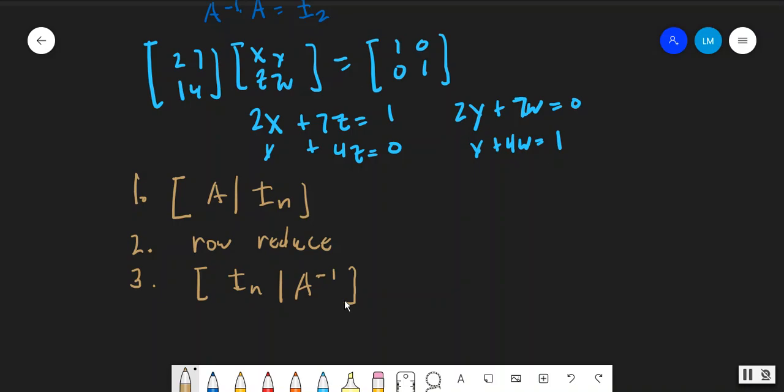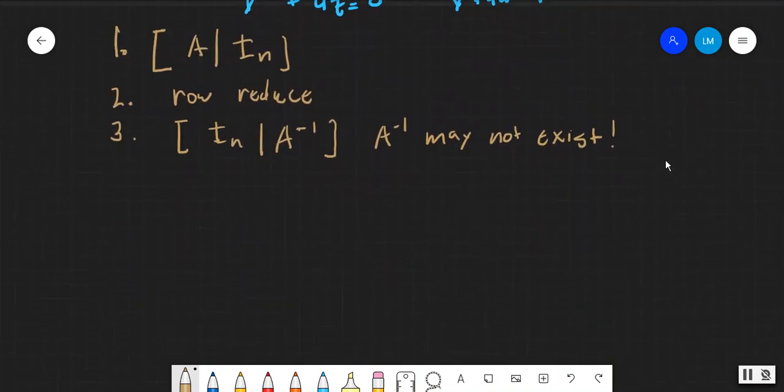Okay, but there are some possibilities. It is possible that A inverse might not exist, and that's where we get into some trouble. One example of when A inverse may not exist is the following.